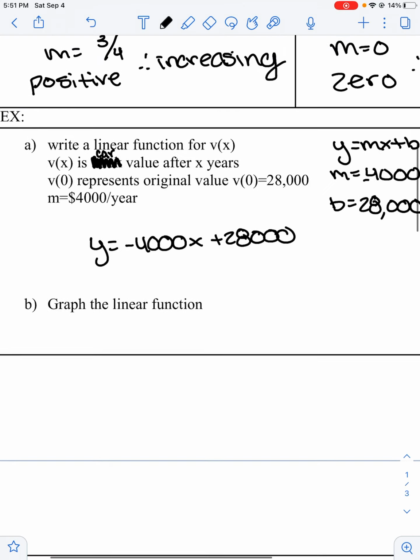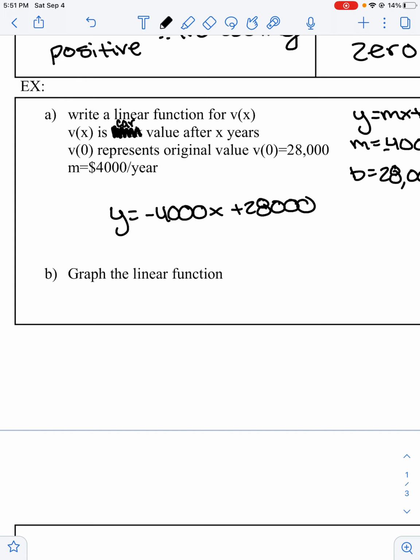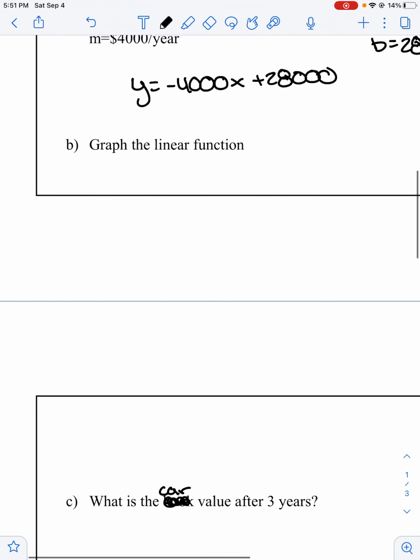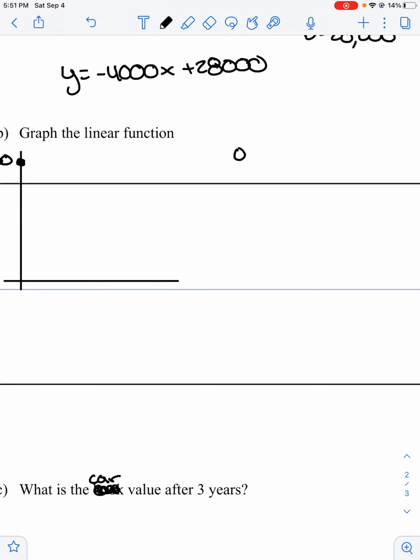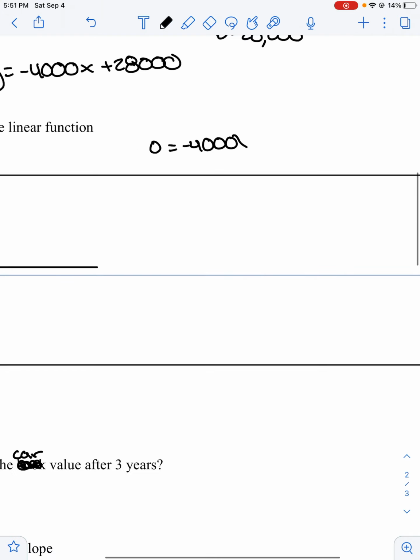The next part is we're going to graph the function, and I'm just going to make a graph here for us. So we know the 28,000 is our y-intercept. And this is just going to be a rough sketch. So now I just need my x-intercept. So we plug in 0 for y to find our x-intercept. 0 equals -4,000 x plus 28,000.